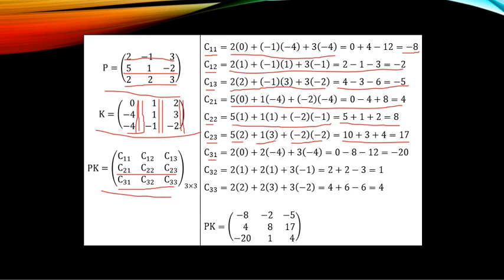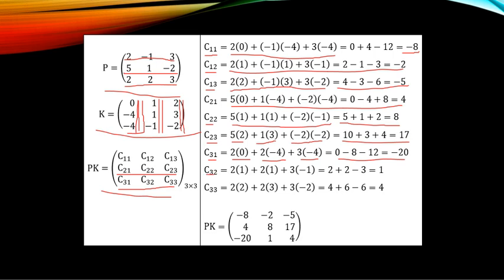Element by element, you have 2 times 0, 2 times -4, 3 times -4 again. When you simplify further, you have -20.